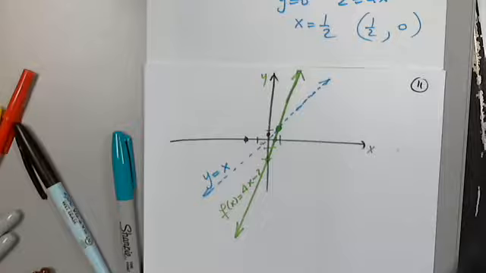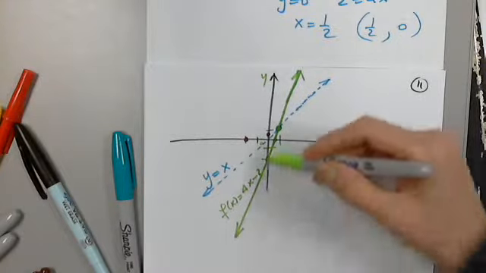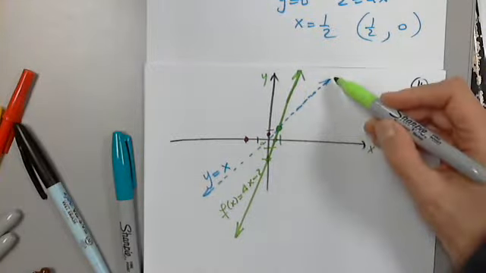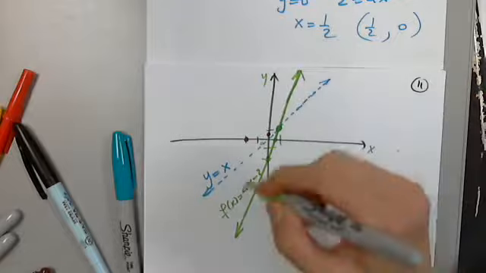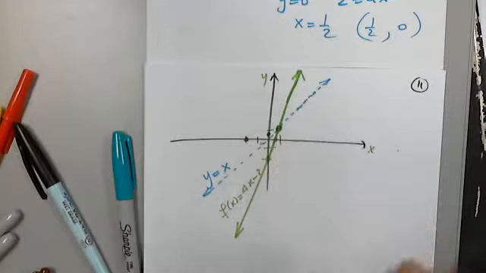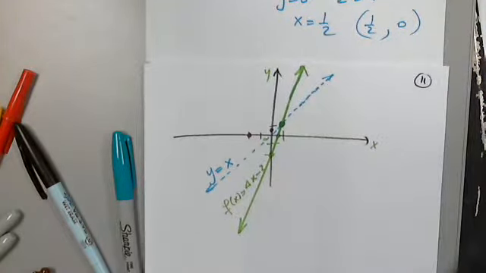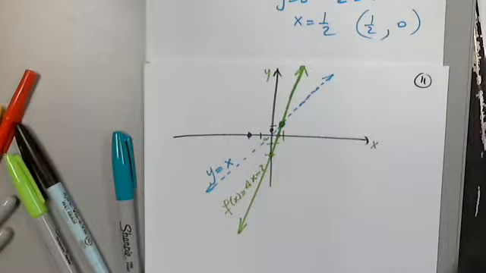So let's say this is 1, 1. Reverse that and tell me what to plot. Well, let's say it's 2, 2. Reverse that and tell me what to plot. So the point I'm making is, if the function crosses the y equals x, the inverse function has to cross at the same point, because reversing the order of the coordinates there will not make any difference.